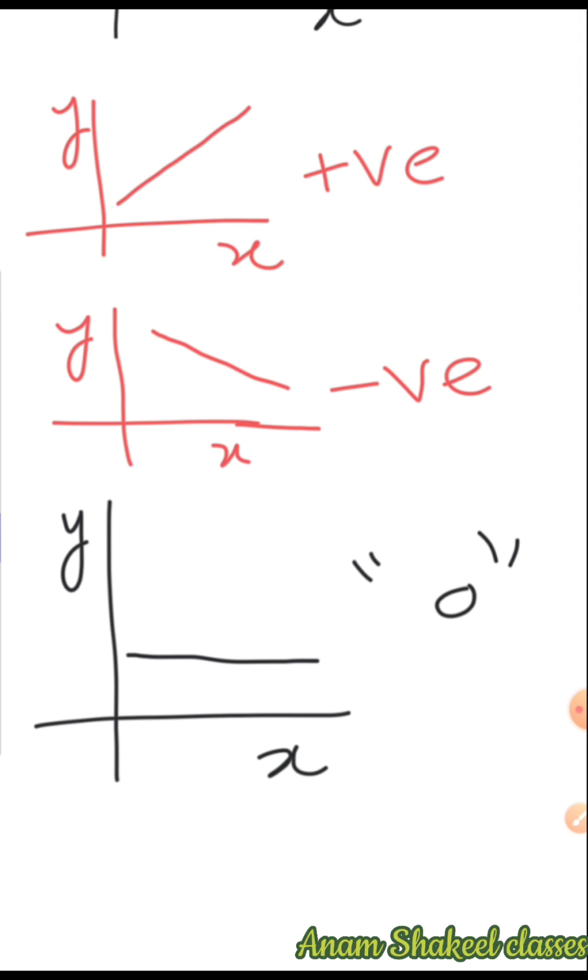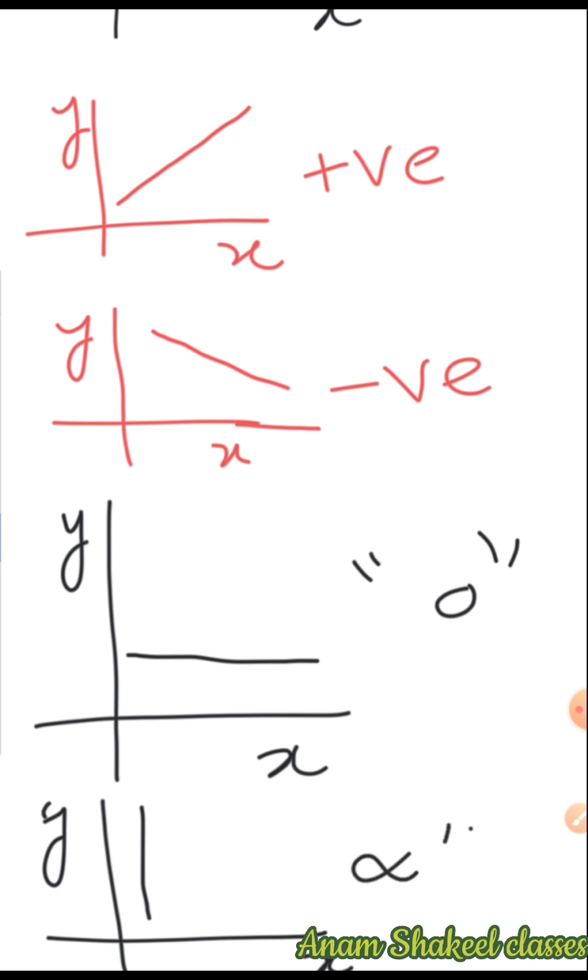The gradient of a straight line parallel to the y-axis will be infinite, because its horizontal change is 0. There is no change in x in this line, and x is present in the denominator of the formula, and if the denominator is 0, the answer will always be infinite.